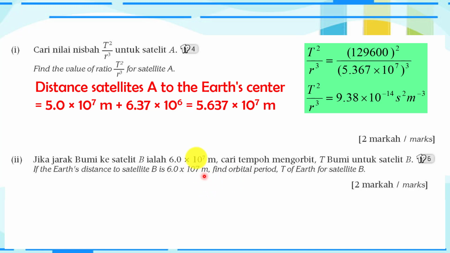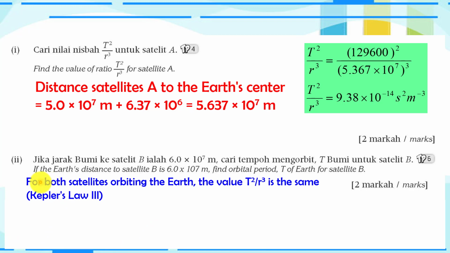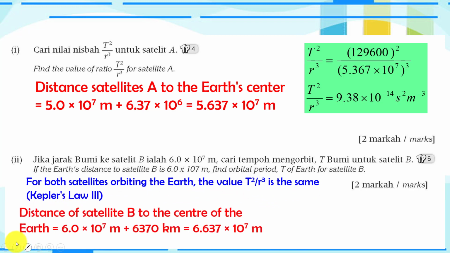So from here we can say that for satellite A and also satellite B, by using the Kepler third law, the answer should be equal. So we just take the answer from here. For both satellites orbiting the Earth, the value T square over R cube is the same. This one is the Kepler third law. So we can take the answer from there. Just now we found it already. So we get the distance first.